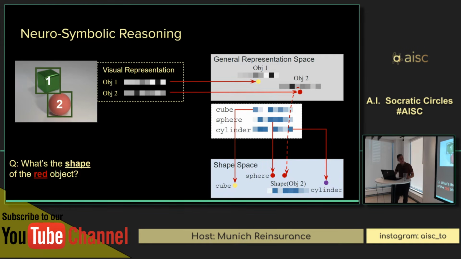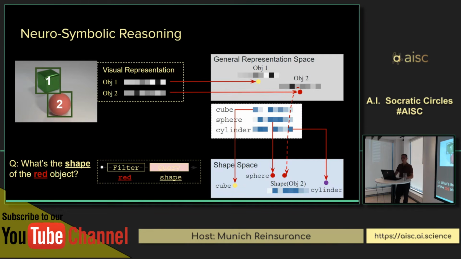Once we classified the object and the color of the object, we proceed to another part of the program, which is query, and they extract the shape representation of the second object.